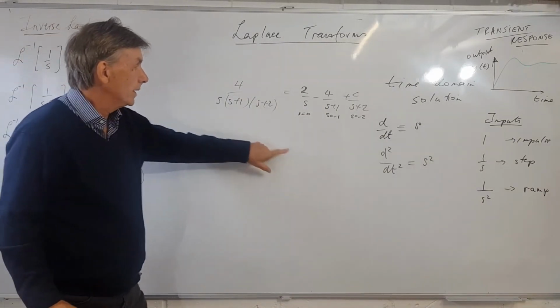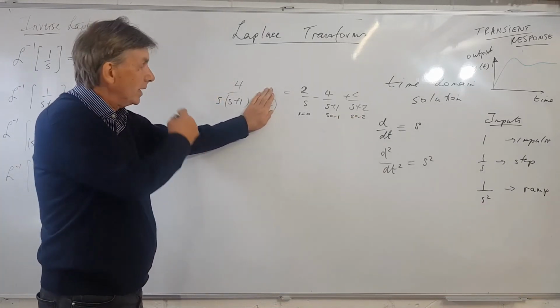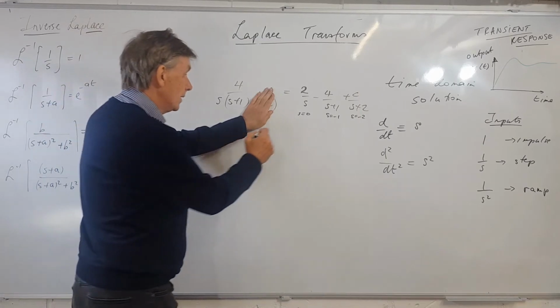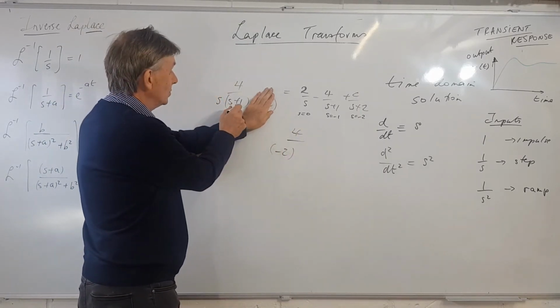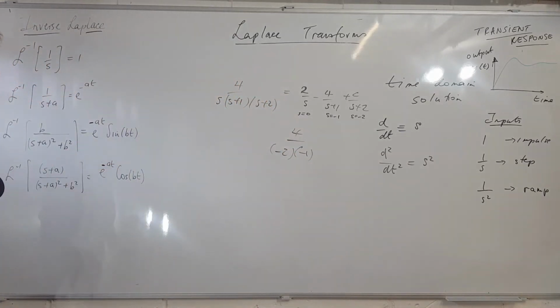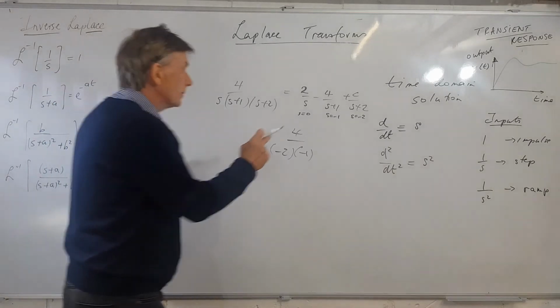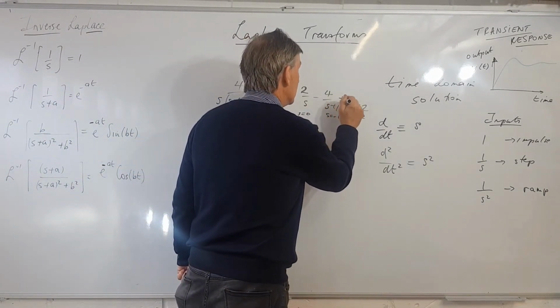We need this term here, c is the s plus 2, so cover this one up, and now put s as minus 2. So we get 4 over minus 2 and minus 1, which is minus 1. So minus times minus is a plus, so it comes out as, in this particular case, 2.